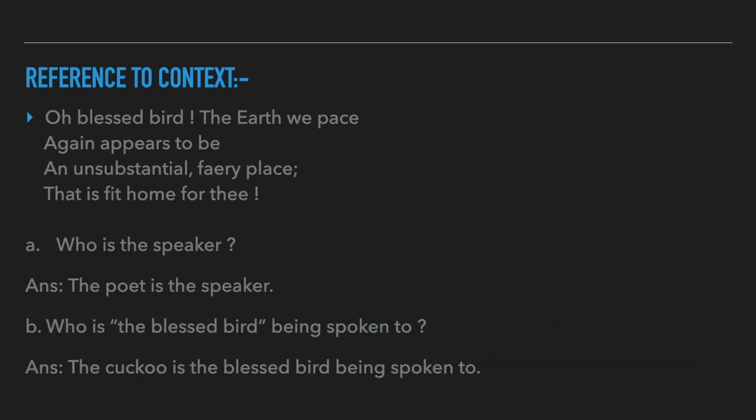Next question. O blessed bird, the earth we pace again appears to be an unsubstantial, fiery place that is fit home for thee. Who is the speaker? Again, the poet is the speaker. Who is the blessed bird being spoken to? The cuckoo is the blessed bird being spoken to because it is blessed by nature with a very sweet and melodious voice.